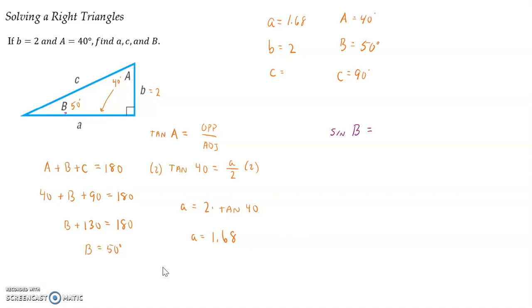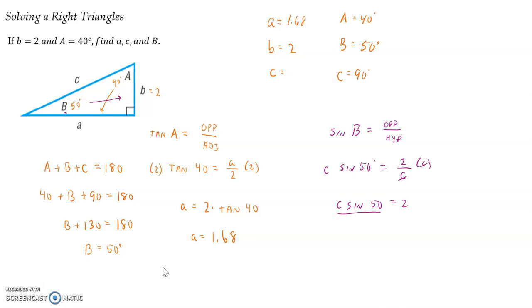I'm going to go ahead and do sine of B as my opposite side, which in this case, opposite to B here, right, is going to be little b, over my hypotenuse. Alright, so I've got sine of 50 degrees equals 2 over C. And I want to go ahead and solve this for C. I can multiply both sides by C. These are going to cancel here on that right hand side.